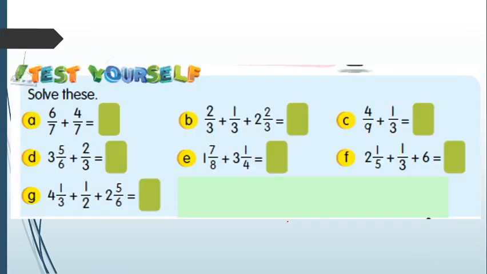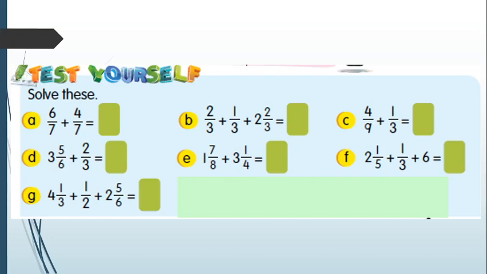Okay. So I hope you can understand the explanation that I just try to explain to you just now. So this is your time to test yourself. Okay. Answer question A, B, C, D, E, F, and G. Okay. Answer this question.